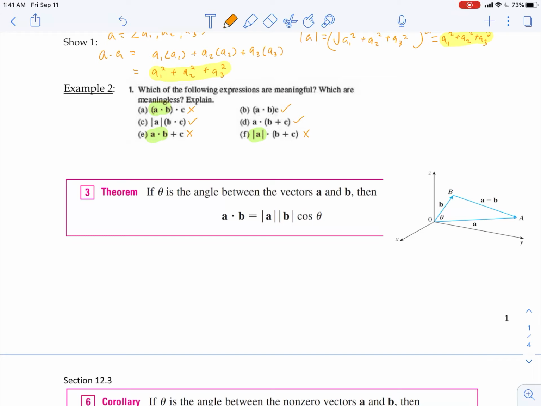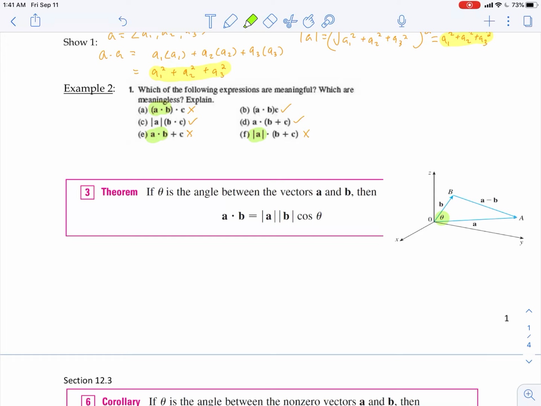So say we have two vectors, and in between these two vectors we have an angle theta. This is giving us another way of finding the dot product.